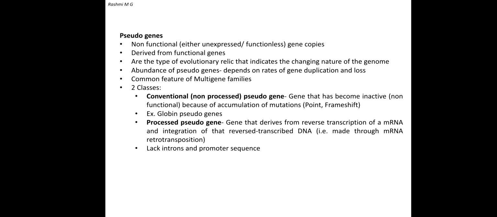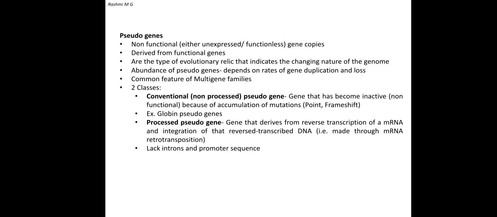The abundance of pseudogenes depends on the rate of duplication and loss. There are two classes: conventional, which is non-processed, and processed pseudogenes. As mentioned earlier, genes that have become inactive due to accumulation of mutations like point mutations and frame shift mutations are known as conventional, non-processed pseudogenes, arising by chance accumulation of mutations.